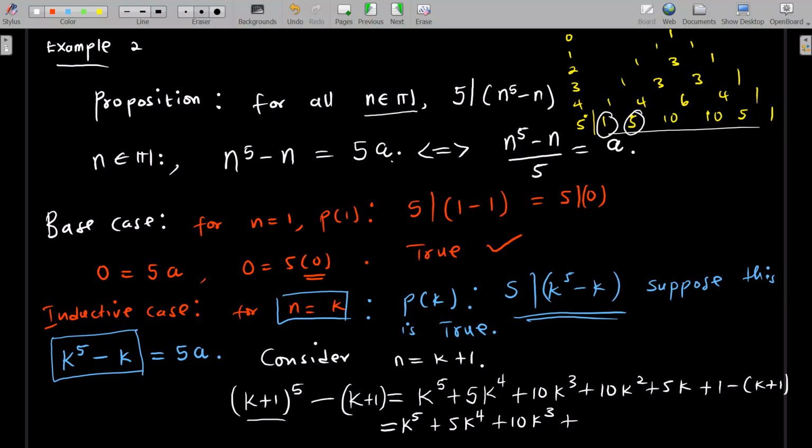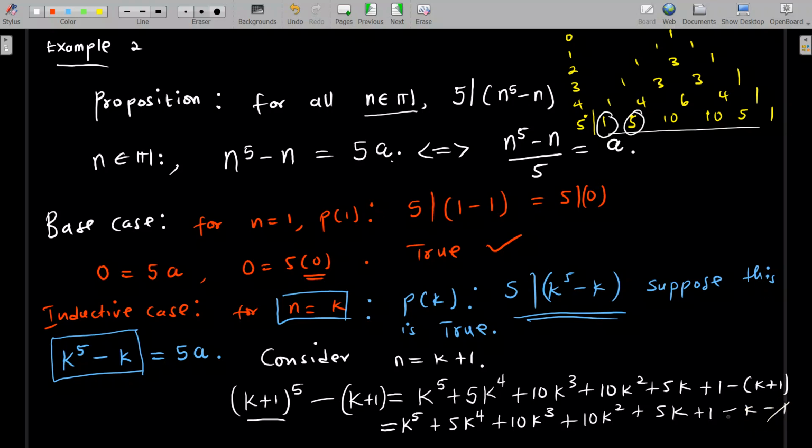I have 10 to the power k squared plus 5k. Where do I get again? I have plus 1 minus k minus 1.